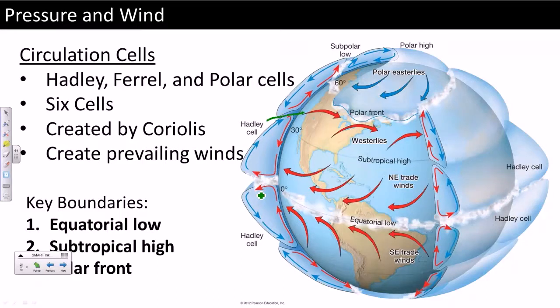This break here between the Hadley cell and the Ferrel cell, and this break between the Ferrel cell and the polar cell in the north, is caused by the Coriolis effect and the deflection to the right. If we strongly deflect something to the right, it is no longer traveling to the north.